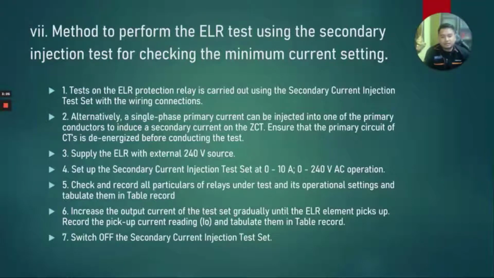Increase the output current of the test set gradually until the ELR element picks up. Record the pickup current reading IO and tabulate it in the table record. Switch off the secondary current injection test set. That's all for the method to perform the ELR test using the secondary injection test for checking the minimum current setting.